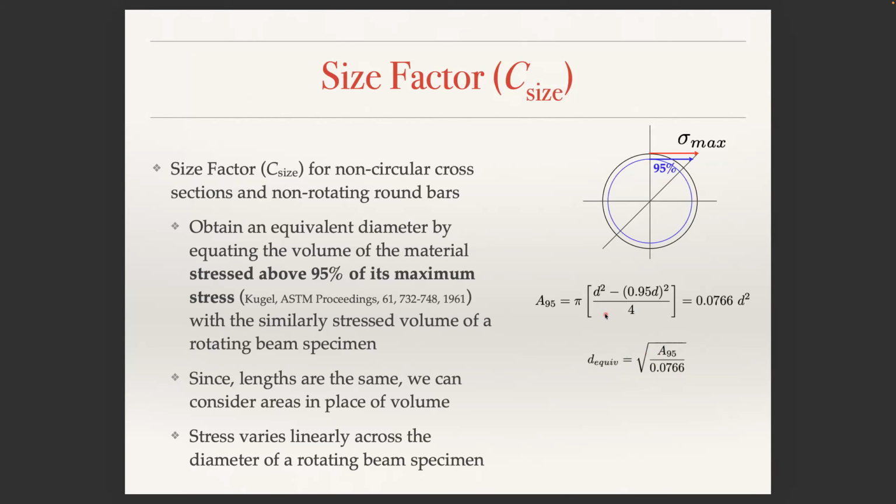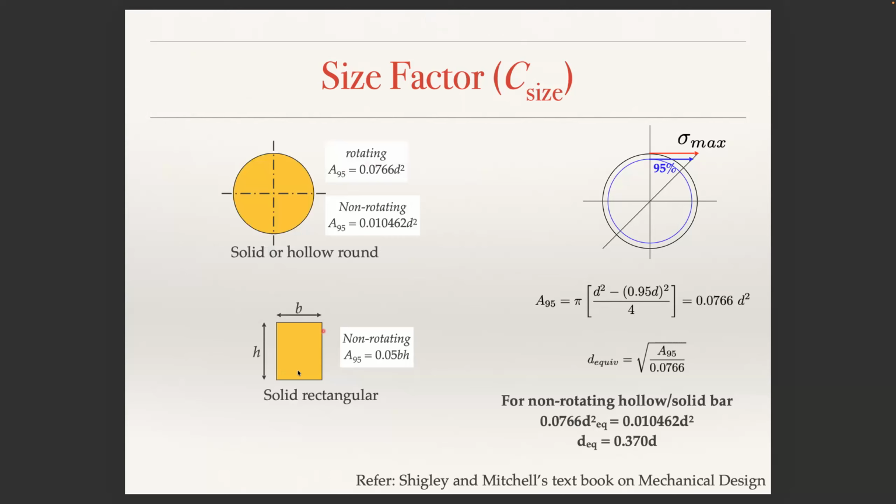Yes, sir. So now suppose you have a rectangular cross section. If it is not rotating, the 95% area means 0.05 BH, because the highest stress will be at the edge, and 0.05 BH is the area experiencing greater than 95% stress.